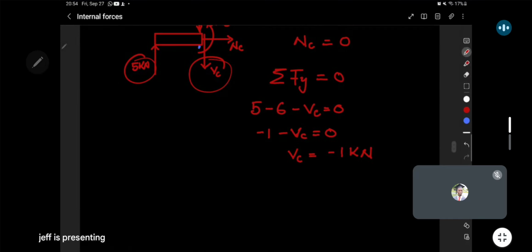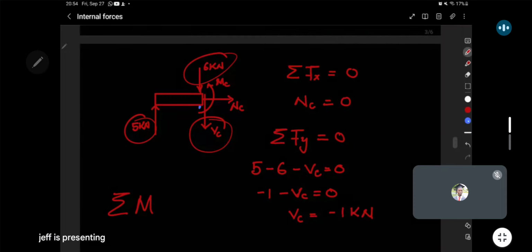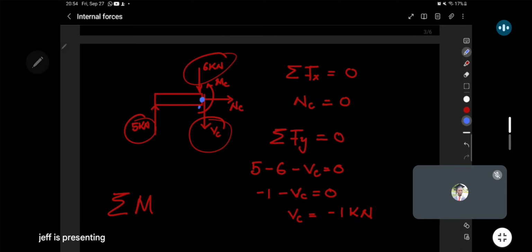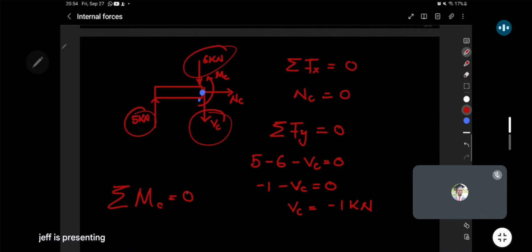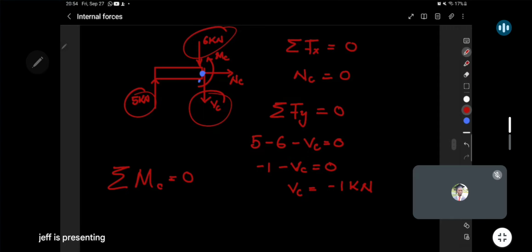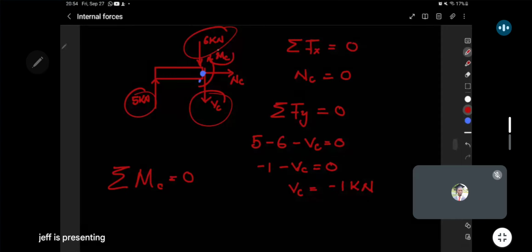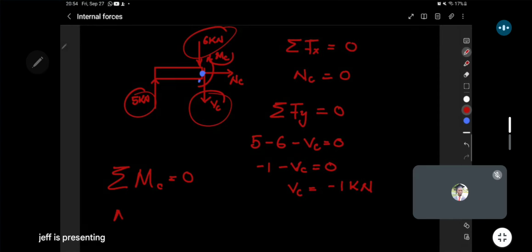Then when we sum moments, take moments about which point? Again, we're going to take moments about just where the internal forces are. So take moments about C and equate to 0. About C, first you have the same moment there, MC, that is anti-clockwise, so it will be positive.